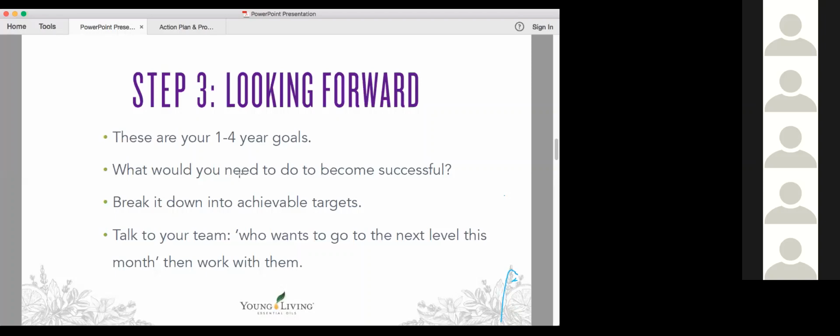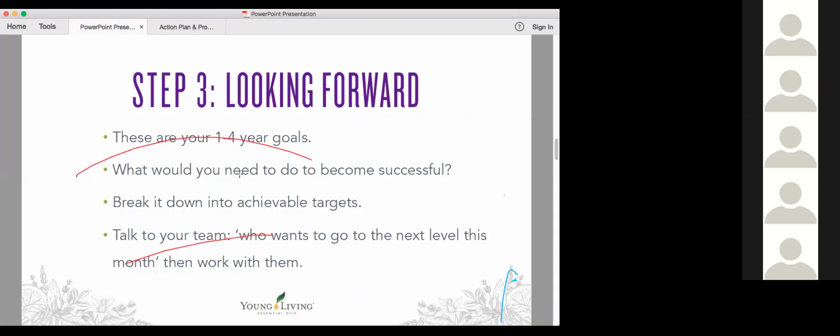And two questions you can ask yourself at this level, looking forward to that 1 to 4 year goal, is, what do you need to do to make this happen? If you've got a 4 year goal, what do you actually need to do? Really think about some of the things that you need to do. You need to continually be enrolling people, but what else do you need to do? Who do you need to become?